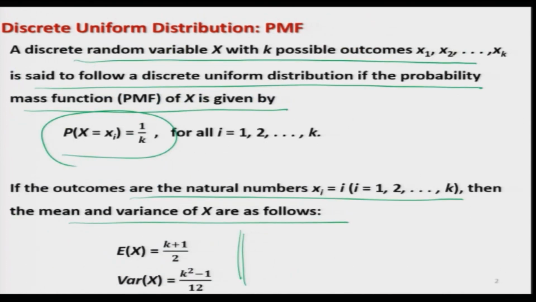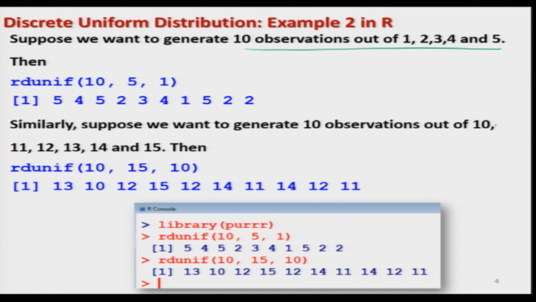In this case k is equal to 5, so the probability that x equal to xi is 1 upon 5. So how do we generate the random numbers, that is, the possible values of x that look as if they are generated from this discrete uniform distribution 1 upon 5?